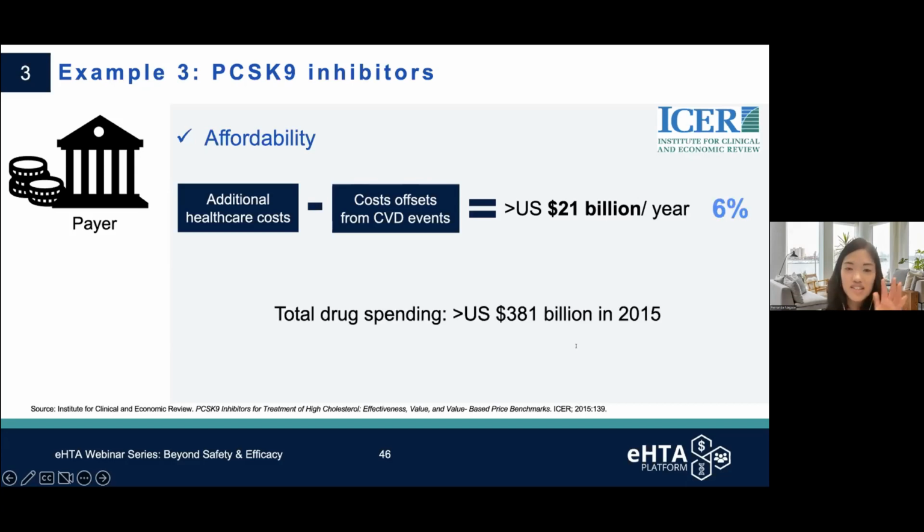To give you an idea of how much that would represent, the total drug spending in the US in 2015 was about $381 billion. So $21 billion would have represented about 6% of the total budget. So think about it, we would be spending 6% of the budget on just one therapy.